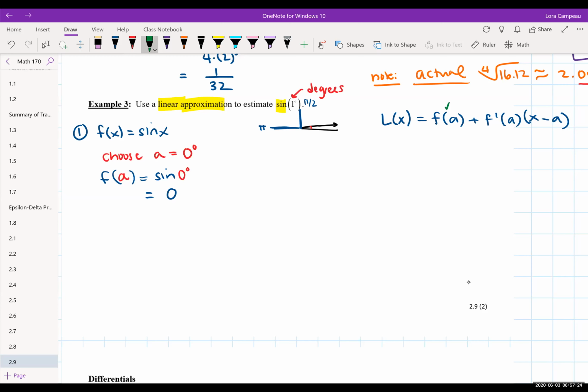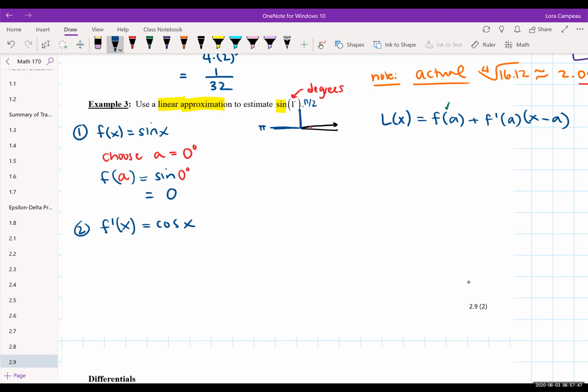Now the next thing I'm looking for is calculating the derivative at a. But before I can calculate the derivative at a, I actually have to find the derivative of the function. And sine is nice. The derivative of sine of x is cosine of x. Wonderful.